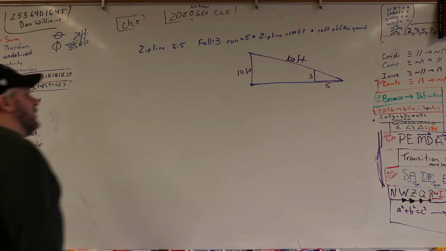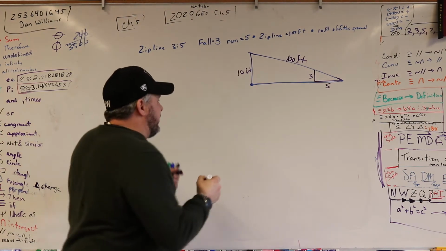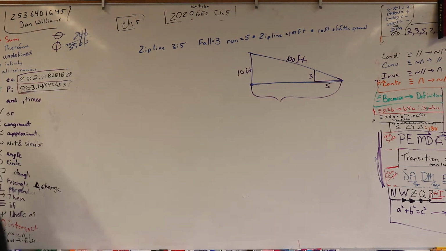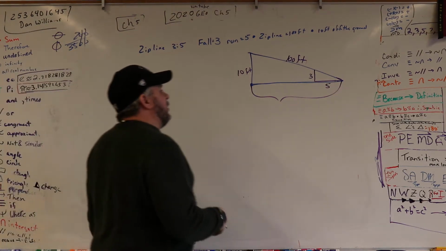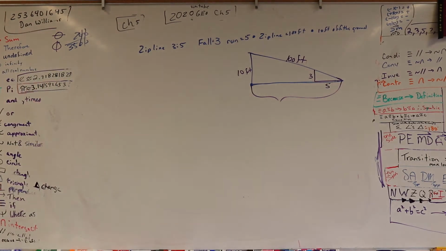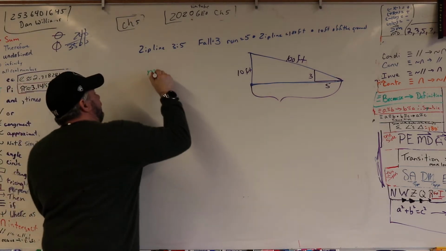First things first, we need to figure out how far this is, because I can't write the equation if I don't know the slope. But do I know the slope? What's the slope? 3 to 5, yeah. So I actually do know the slope.